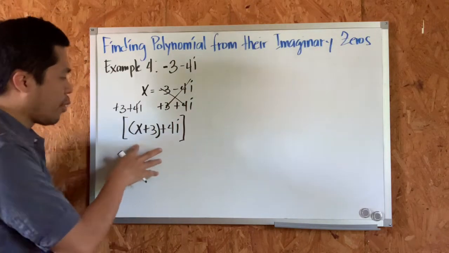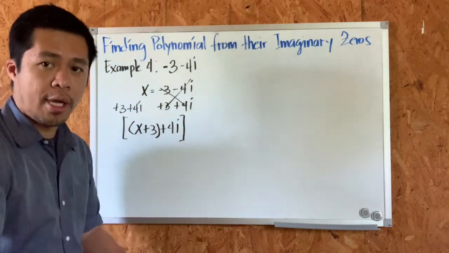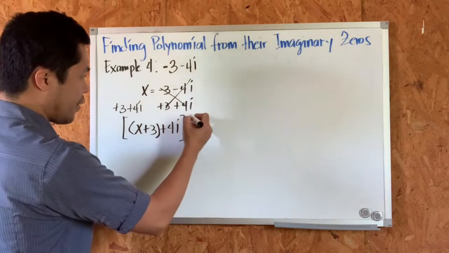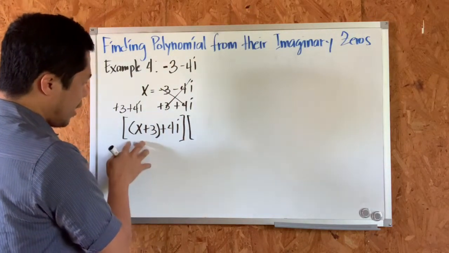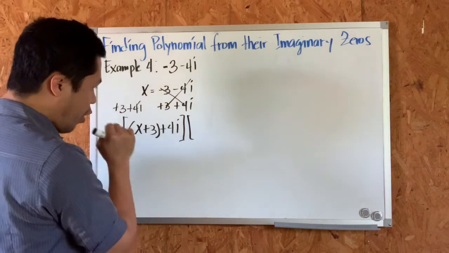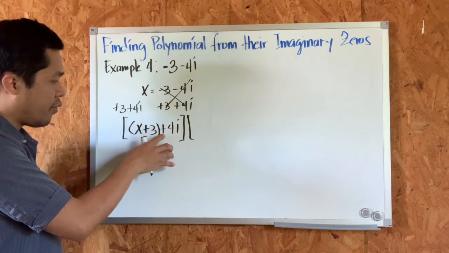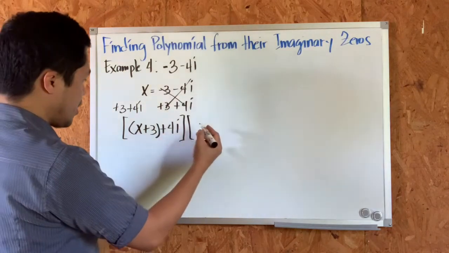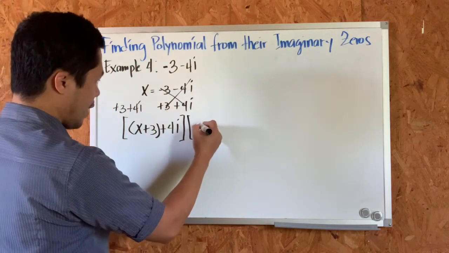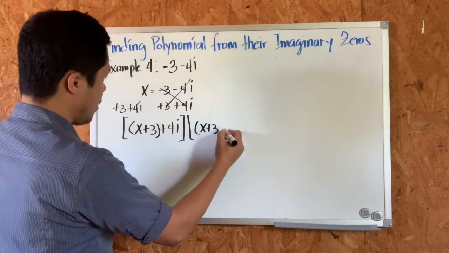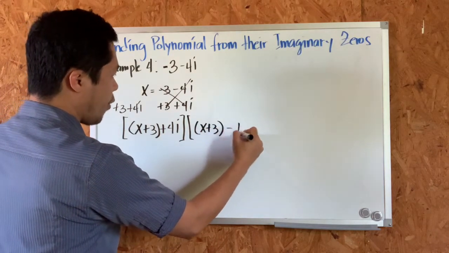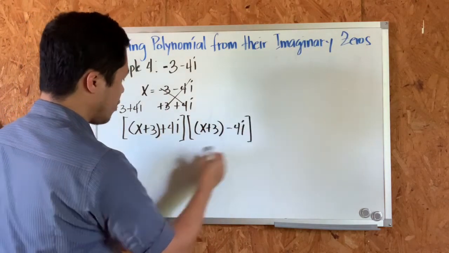And then I'm going to multiply this by its conjugate. So the conjugate of that is basically the same as x plus 3 and 4i. The only difference is this will be negative. So this is equal to x plus 3 minus 4i. That's the conjugate of this.